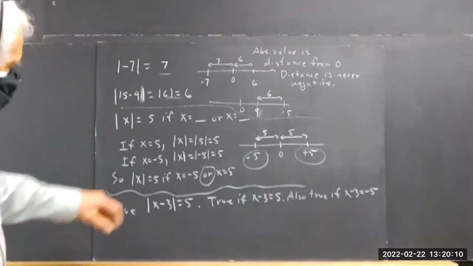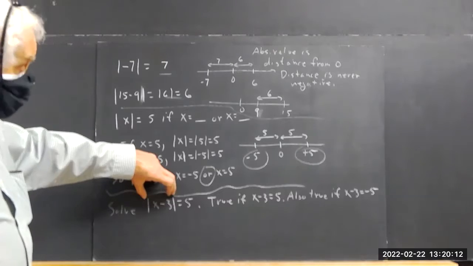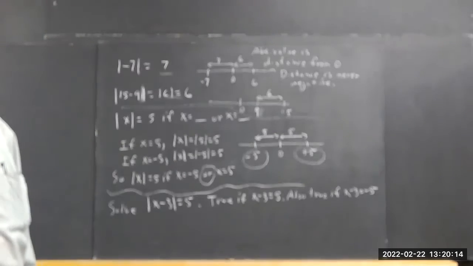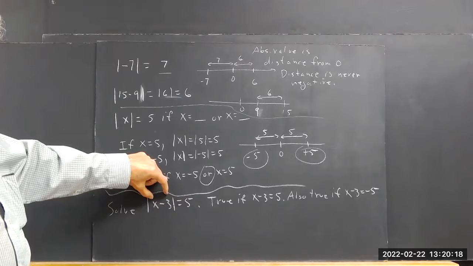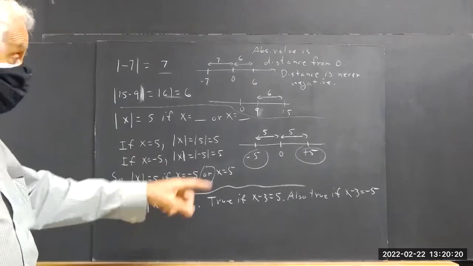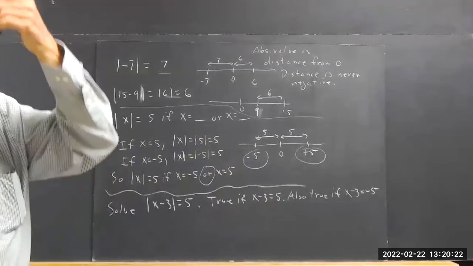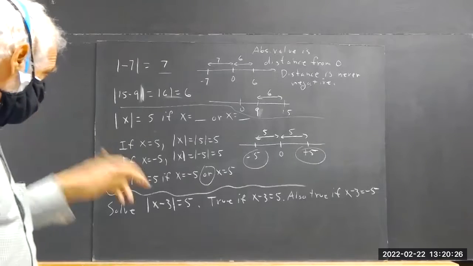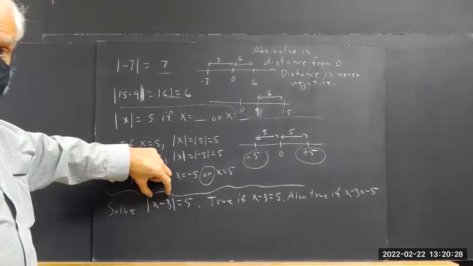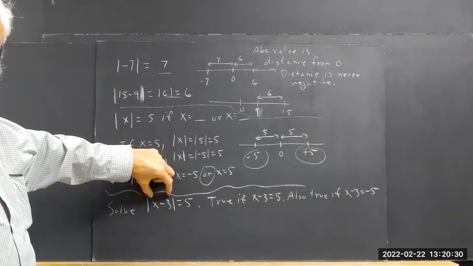This is saying that the absolute value of some number is 5, right? So that number, which is x minus 3, could be -5 or could be 5. If the absolute value of something equals 5, whatever's inside there has to equal either -5 or 5.